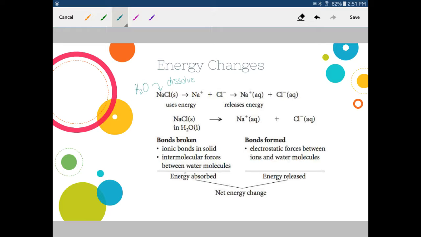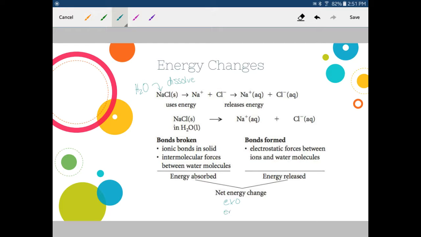So the net energy change is the energy absorbed subtracted from the energy released. Whatever our net energy change is, it is a result of both of these processes. If it's exothermic, the bonds formed outweigh the bonds broken.